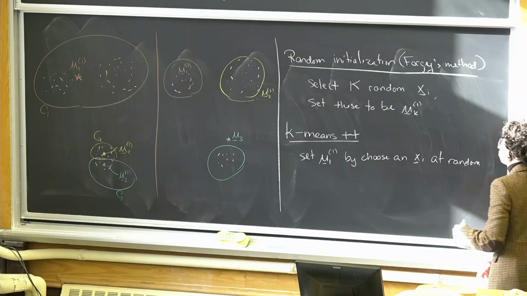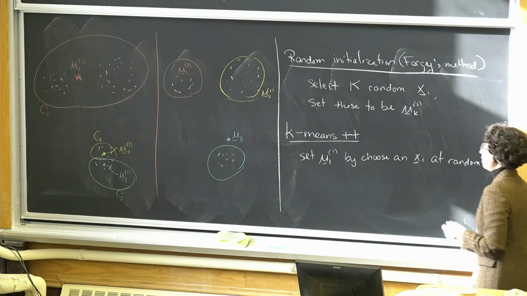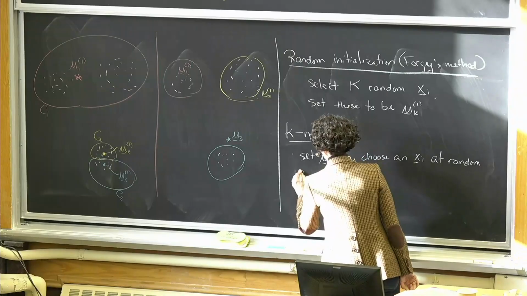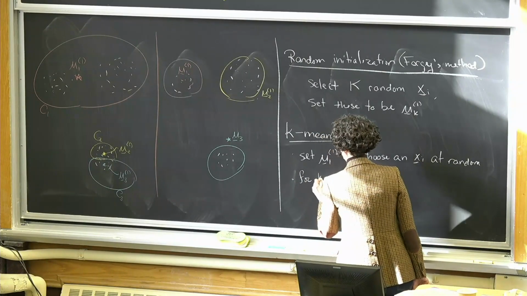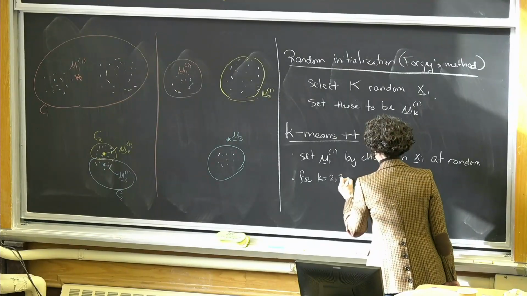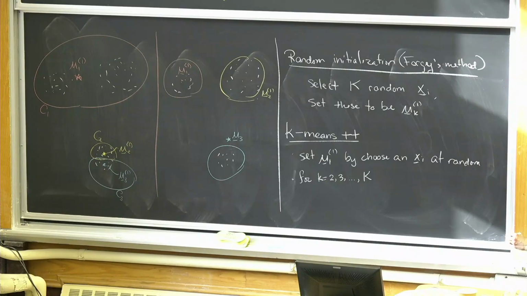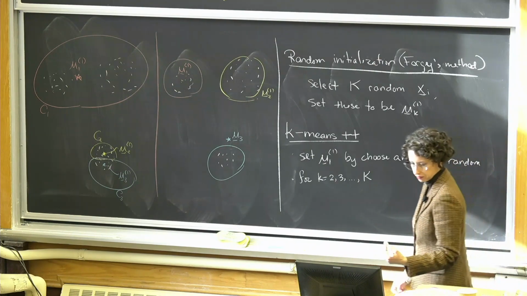So I'm just going to choose one point uniformly at random. But then for all the subsequent points, for k equals 2, 3, all the way to capital K, I'm going to choose one of my samples that's as far away as possible from all the means that I have so far.